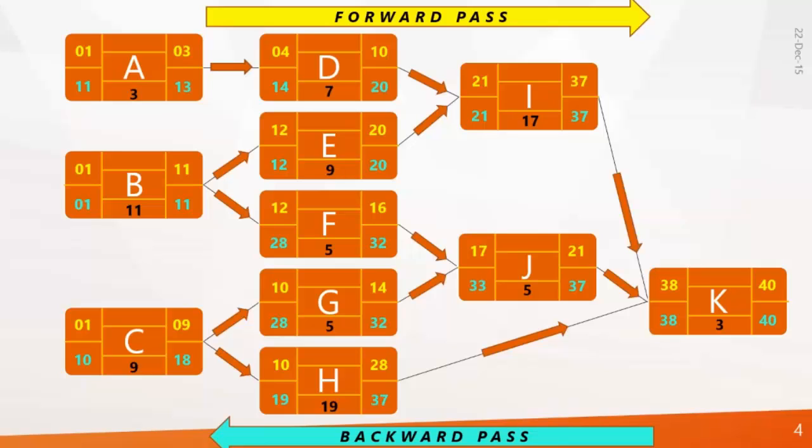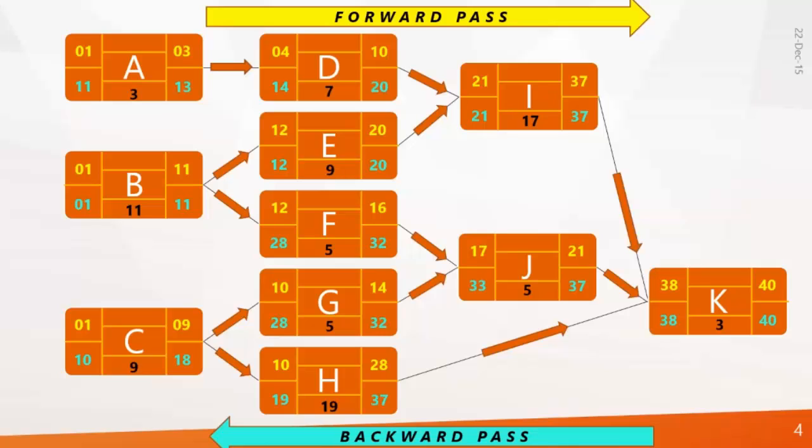Now, look at activity A carefully. You can see the early start of this activity is day 1 and the early finish of activity A is 11. That means activity A can start on day 1 or it can start on day 2, 3, 4, 5 up to 11.